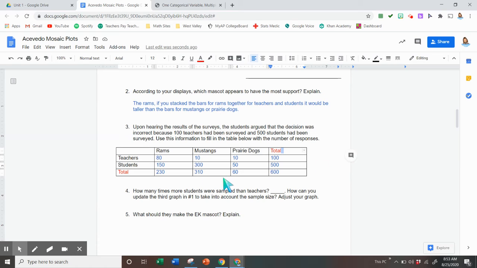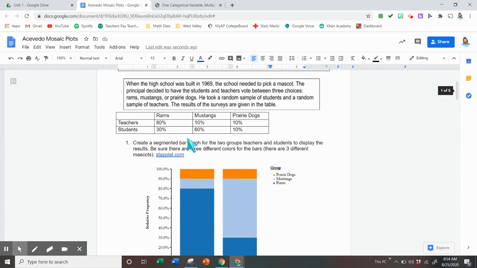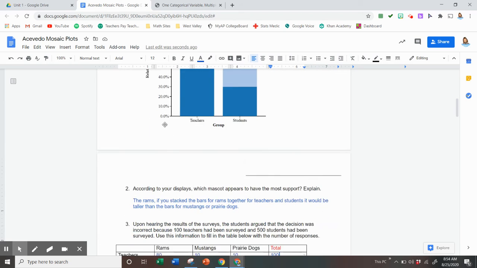Okay, so go ahead and take a look at your two-way table now, knowing that we have 100 teachers and 500 students. So just a quick review. We got the frequency 80 since there was 100 teachers, and we know that 80% of them chose Rams.